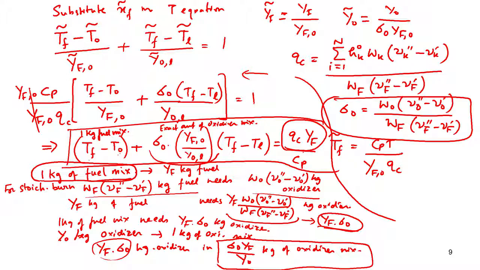So, the burning that is happening in the flame is essentially stoichiometric burning, and the corresponding flame temperature is essentially the adiabatic flame temperature, alright. So, this proves that the flame temperature in a non-premix flame is essentially the adiabatic flame temperature, okay.